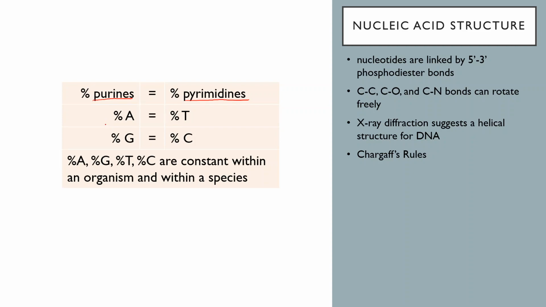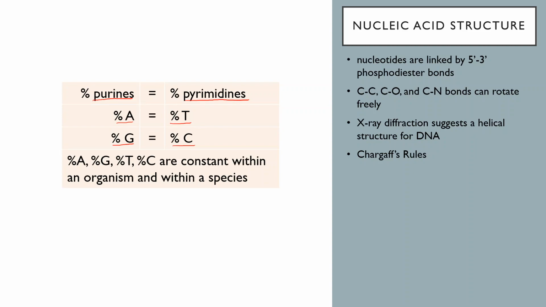And stranger still, whenever he looked at the relative amounts of each of the bases, he found that the percentage of any given DNA sample from a cell that was adenine would be equal to the percentage that was thymidine. And then the percentage guanosine would be equal to the percentage of cytidine.